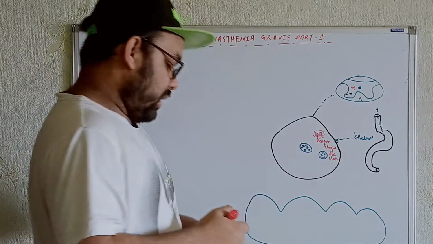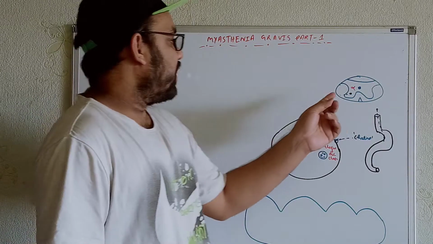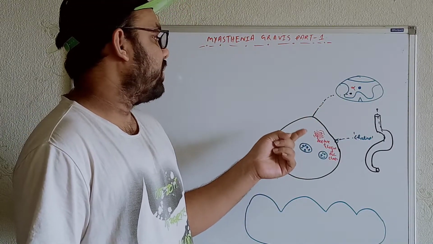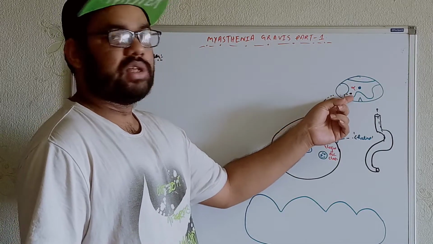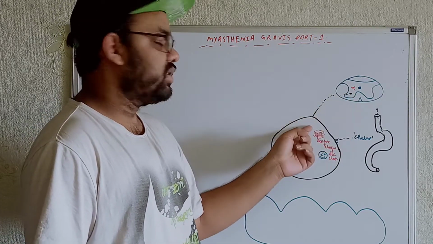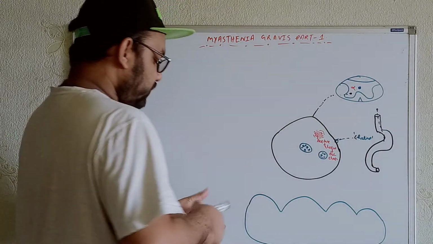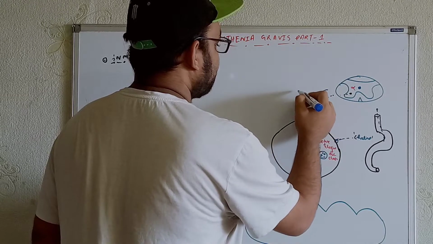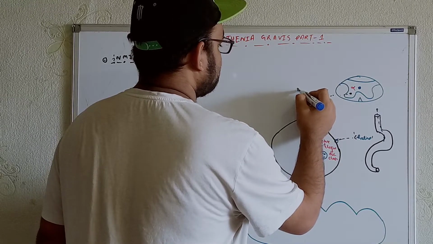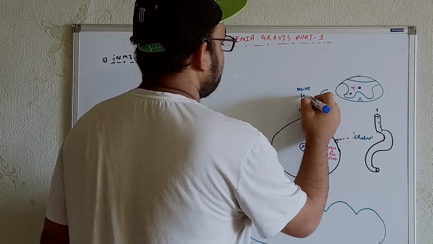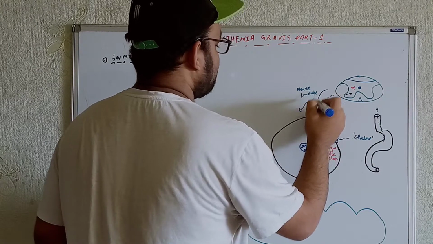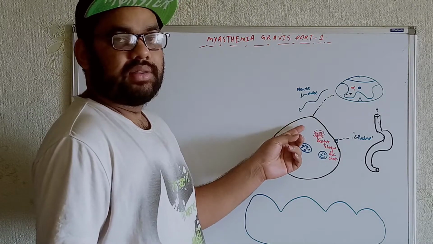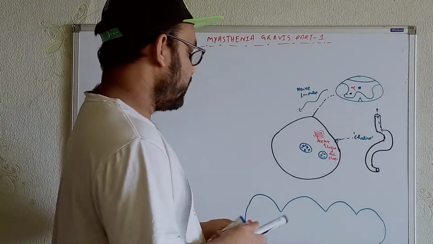Now, whenever the nerve impulse, or we can say the wave of depolarization, comes from the central nervous system to these portions, the voltage sensitive sodium channel will open.